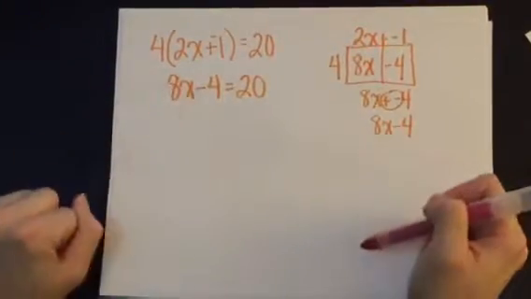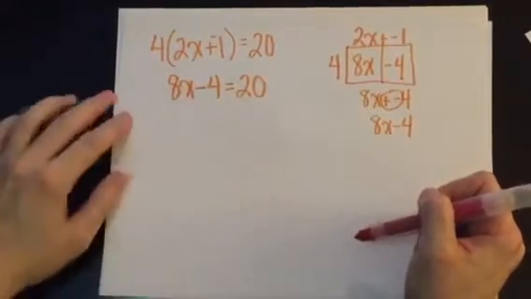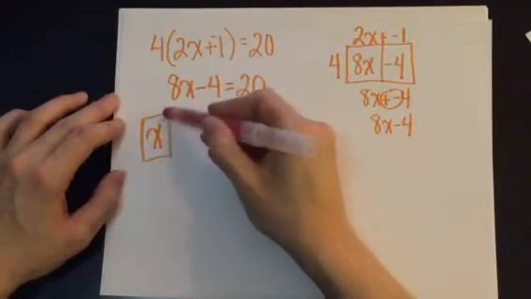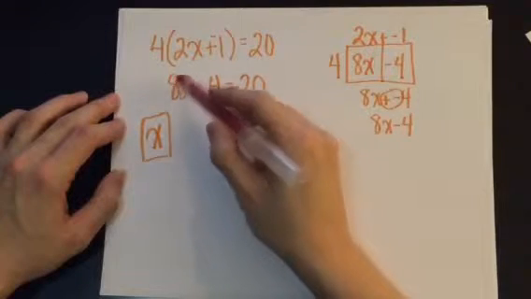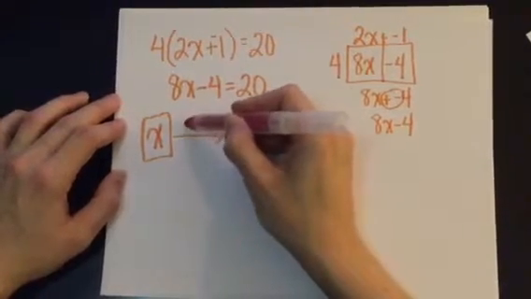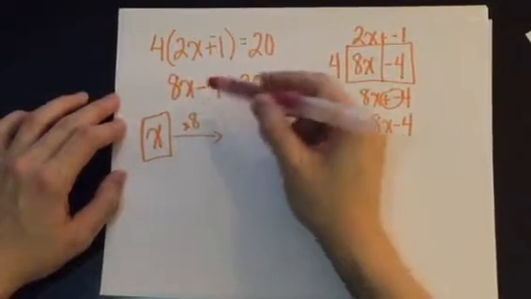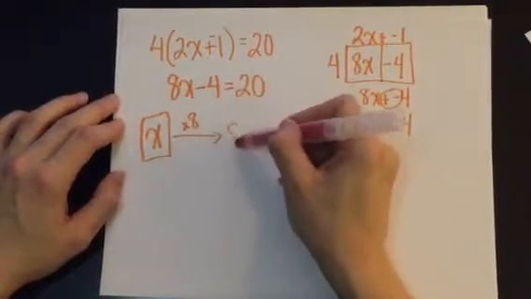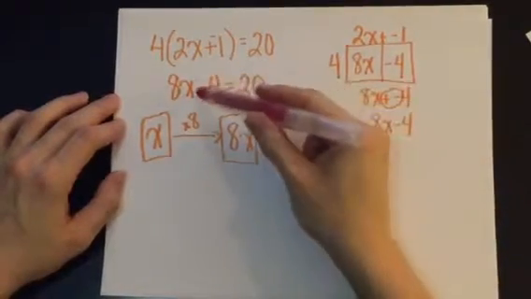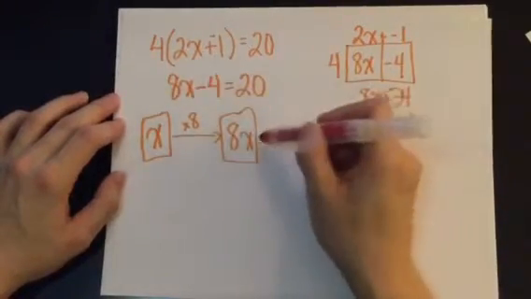Okay, now I can build my flow map. This looks like the previous problem. So I start with an x. The first thing that's happening, multiplication. So I multiply times 8. x times 8, I get 8x. The next thing happening to the 8x is minus 4.